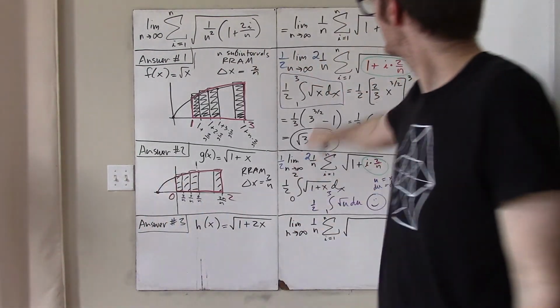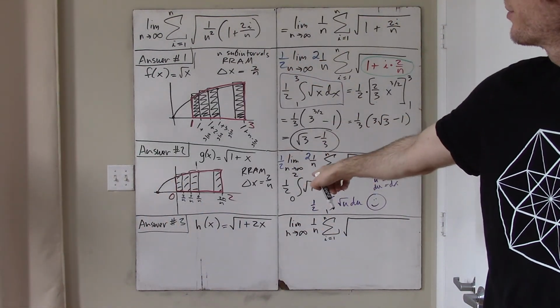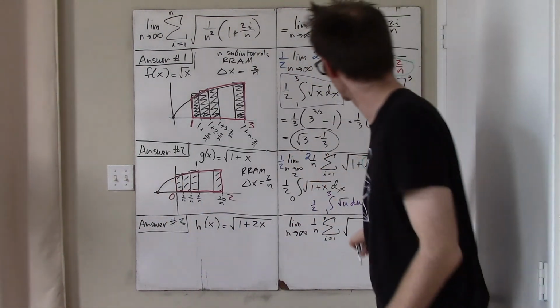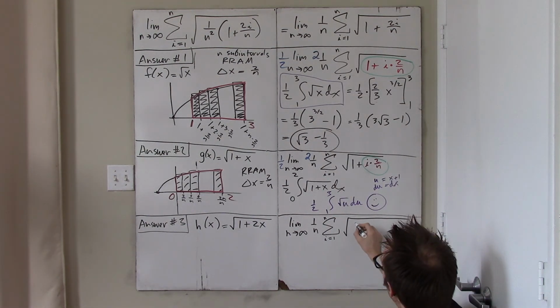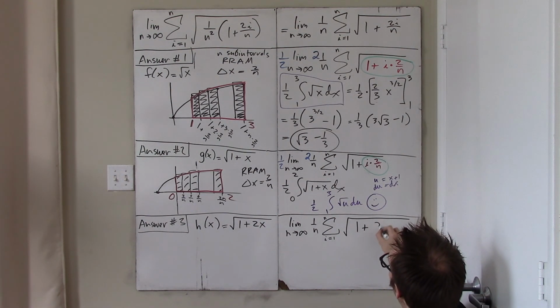If you looked at that and saw root 1 plus 2x, then what you were subbing were things of the form 1 plus 2, and now sort of like here was the input.